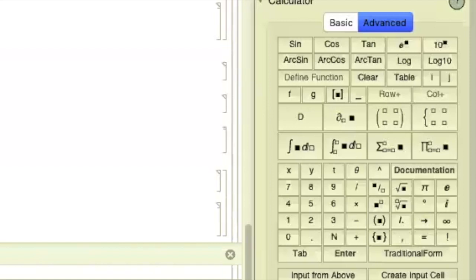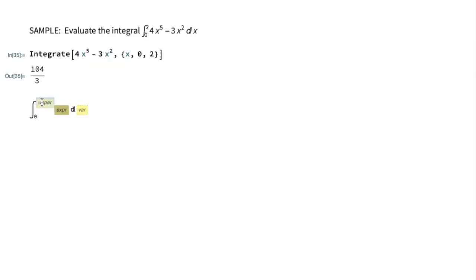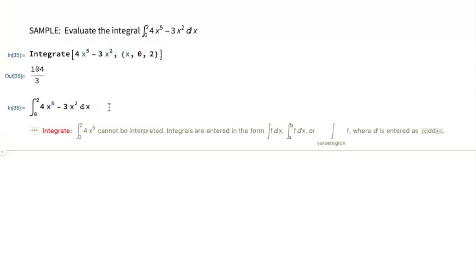If I do the basic math assistant, I'm going to move over to the second integral, which has the boxes for upper and lower limit. Again, just make sure you type the right values in the right places. And you can see it's not happy because I forgot my parentheses.